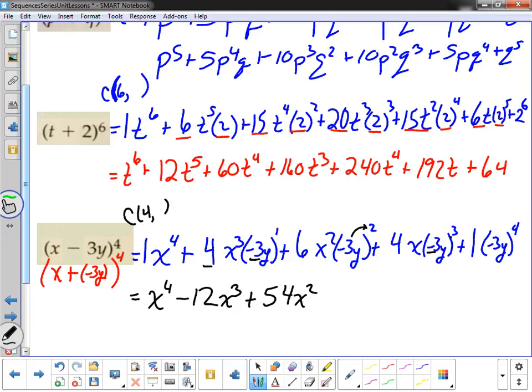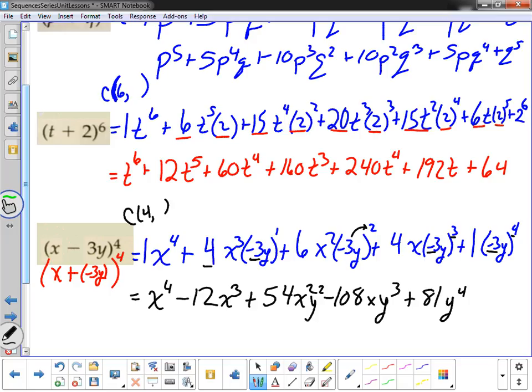Now I have a negative 3 to the 3rd, which is a negative 3 times a negative 3 times a negative 3, which is a negative 27 times 4 gets me a negative 108. And the x, oh, I forgot my y here. And the y is now cubed. And now in the last term, I've got 1 times a negative 3 to the 4th power. Well, a negative 3 to the 4th power is a positive 81, y to the 4th.